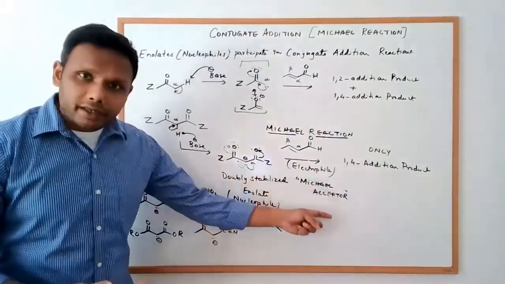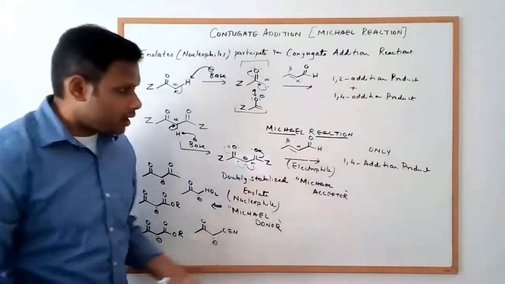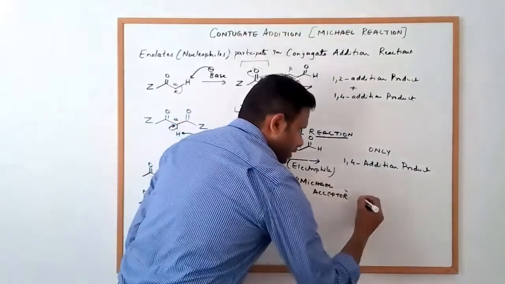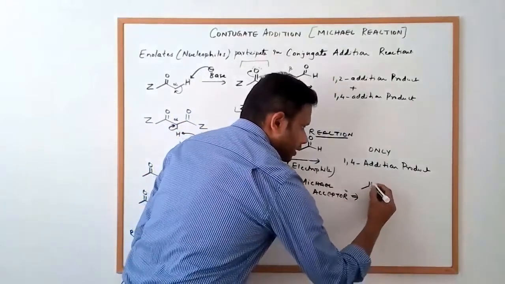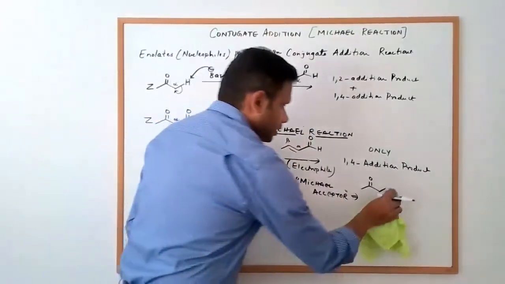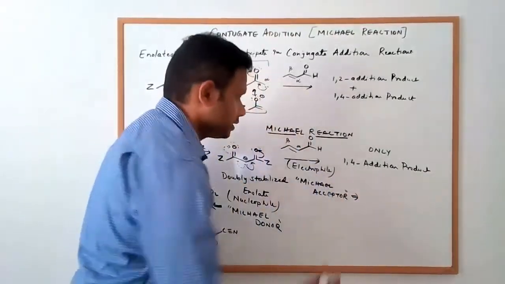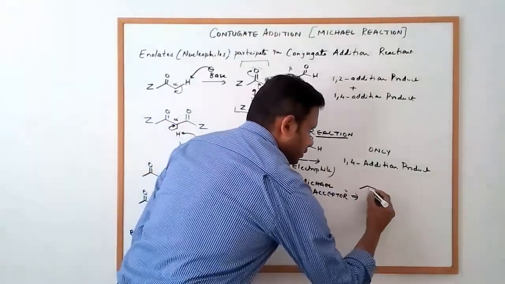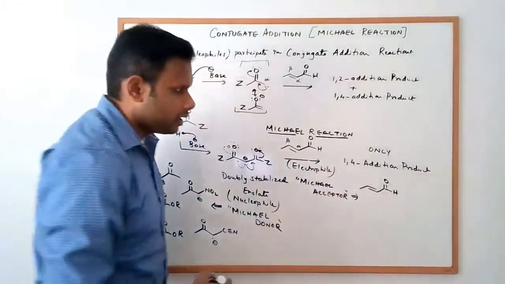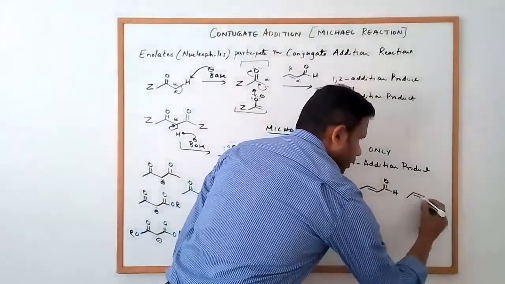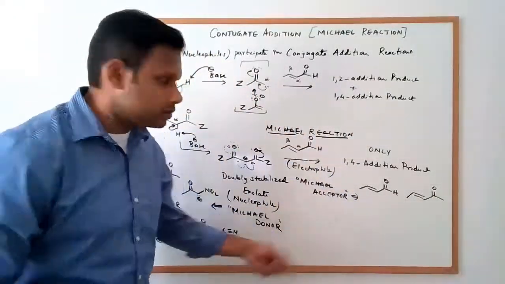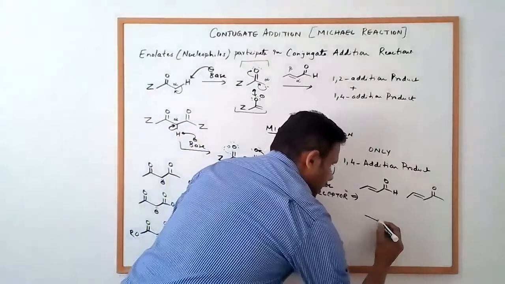Okay. Michael acceptors, on the other hand, are alpha beta unsaturated compounds. So they can be alpha beta unsaturated aldehydes. We could have alpha beta unsaturated ketones.